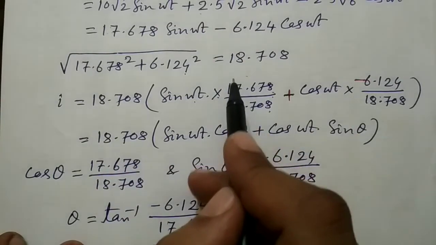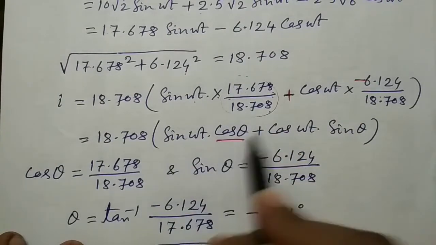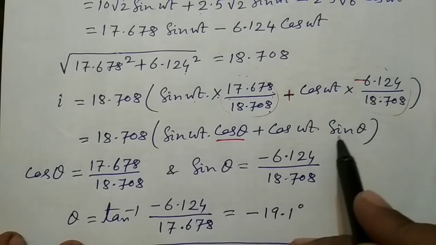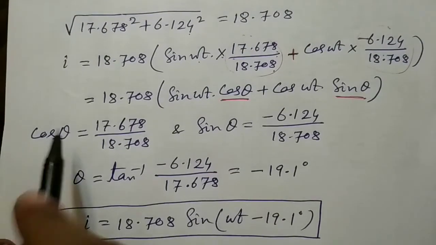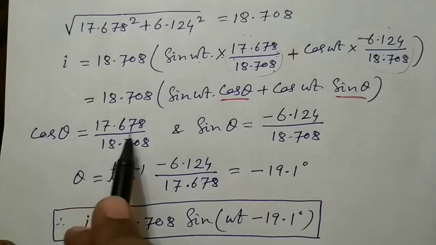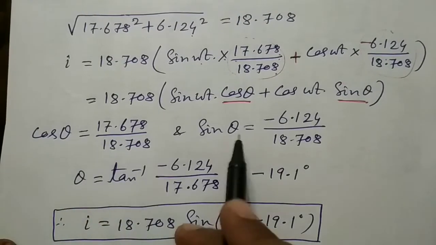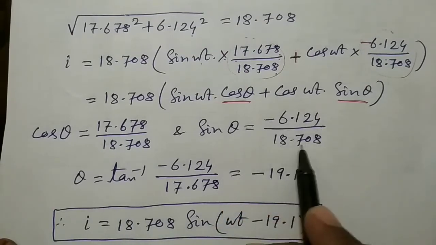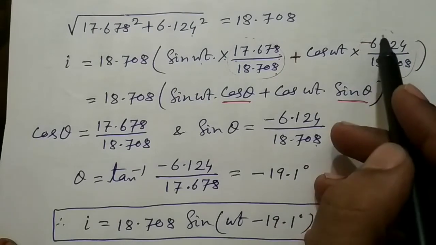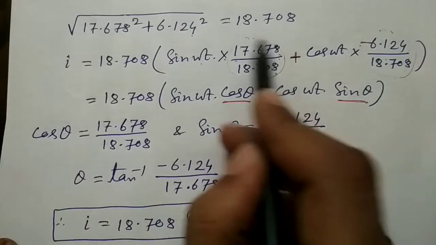This value is considered as cos theta and this value is considered as sin theta. That's why I have written here cos theta equal to 17.678 upon 18.708 and sin theta equal to minus 6.124 upon 18.708.